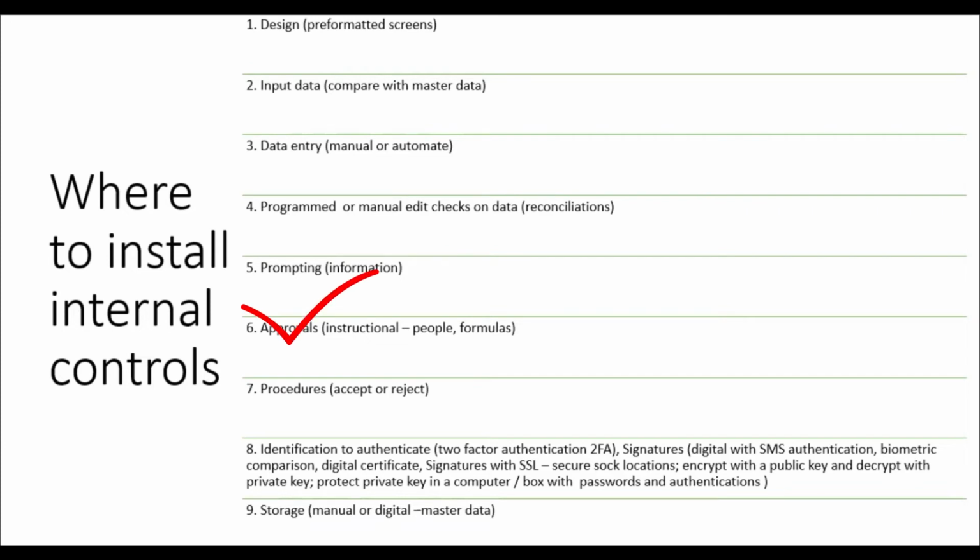Approvers could be instructed by people or by formulas that are embedded in the technological systems, such as credit checks. Procedures to accept or reject data.